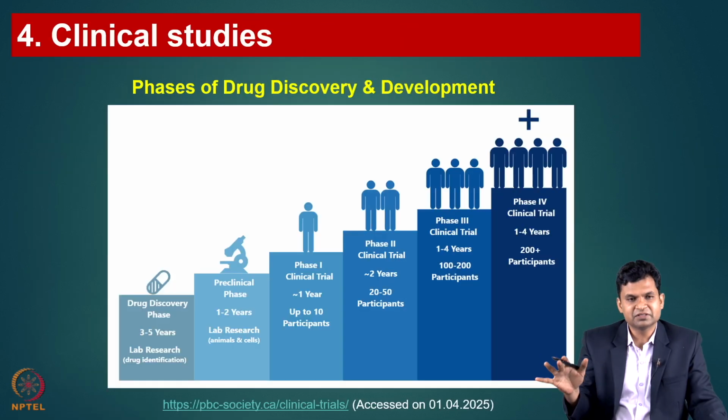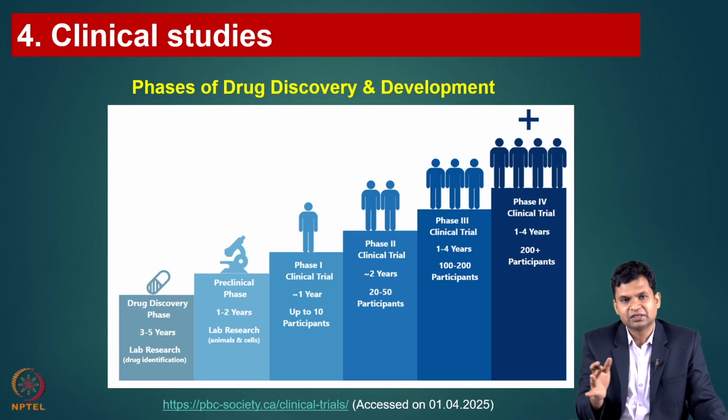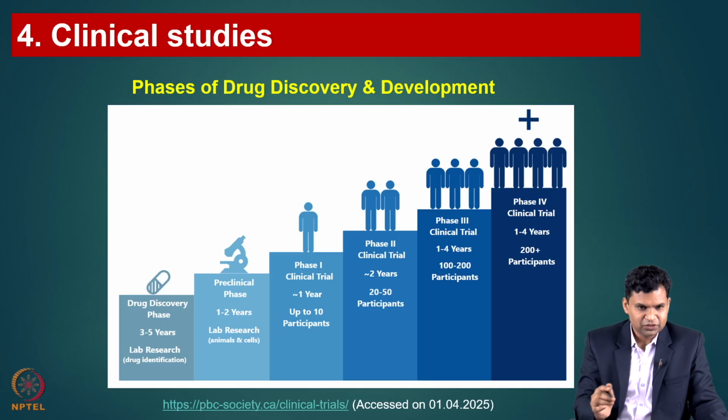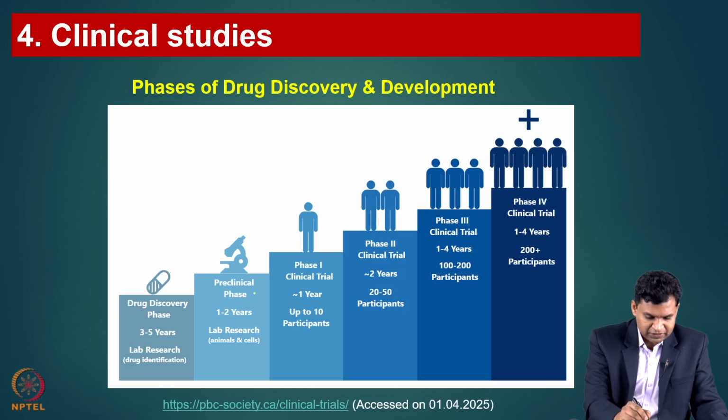And once you are done with the preclinical data, these are the drug discovery and development stages. Once you are done with this preclinical data, you need to get approval from the regulatory body.